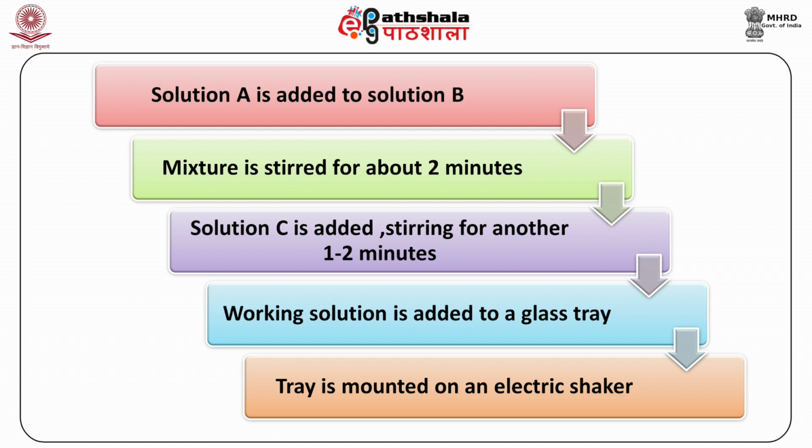Solution A is added to solution B. The mixture is stirred for about 2 minutes. Thereafter, solution C is added and stirring is continued for another 1 to 2 minutes. The working solution is added to a glass tray. The tray is mounted on an electric shaker.